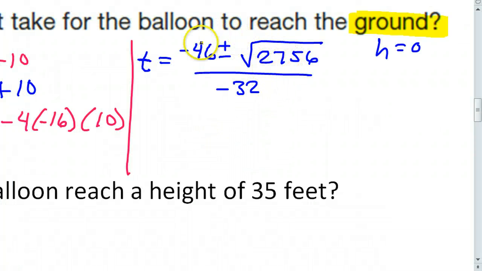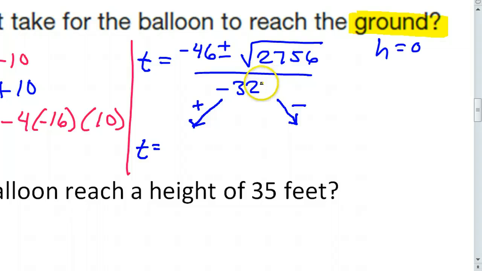Let's go ahead and put this entire thing into our calculator. We'll do it once for the positive version and once for the negative version. So I'm going to type it in with a plus, and I'm going to type it in with a minus, and I'm going to get these two values for time.